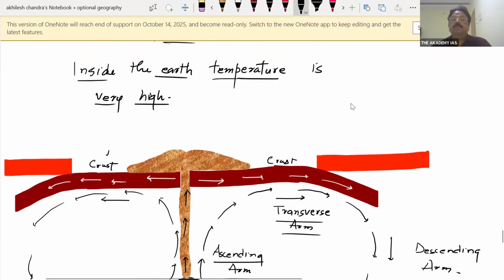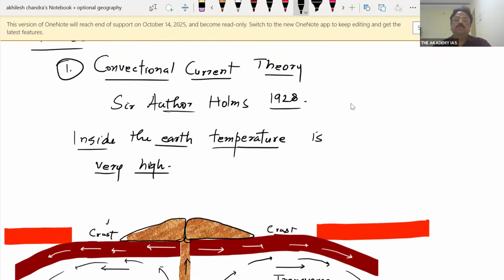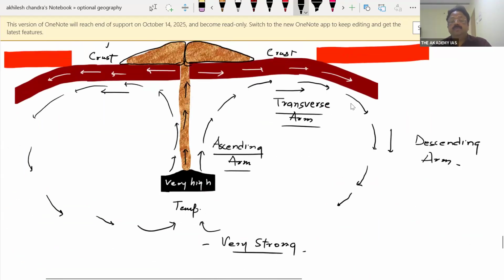So earlier we were discussing whether there is any outside force responsible for crustal movement. But what was found is that it is the endogenic force, strong convectional current, which is responsible for crustal movement. This is what the convectional current theory talks about.